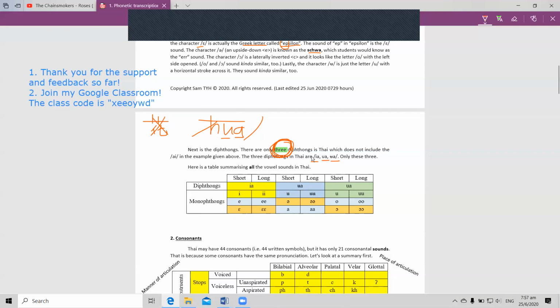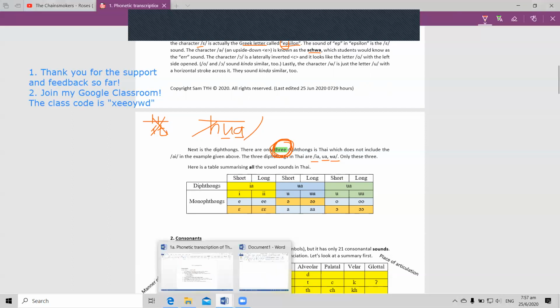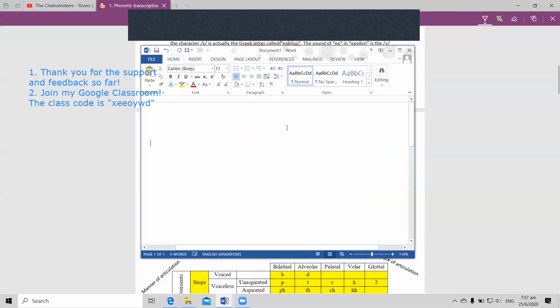And then you have ear. Let us look at some words containing the diphthong. For example, ear is present in the word Chiang Mai.